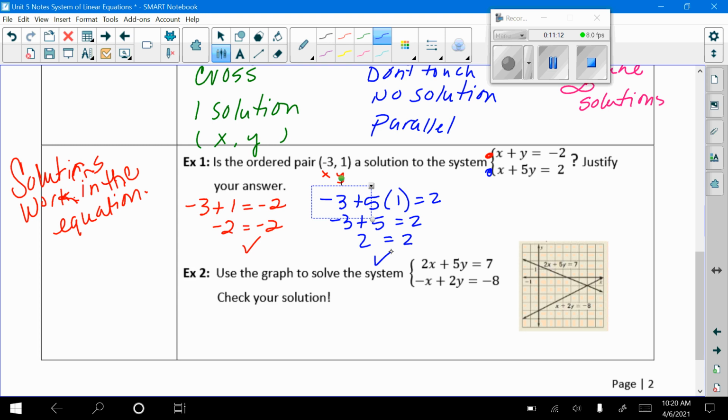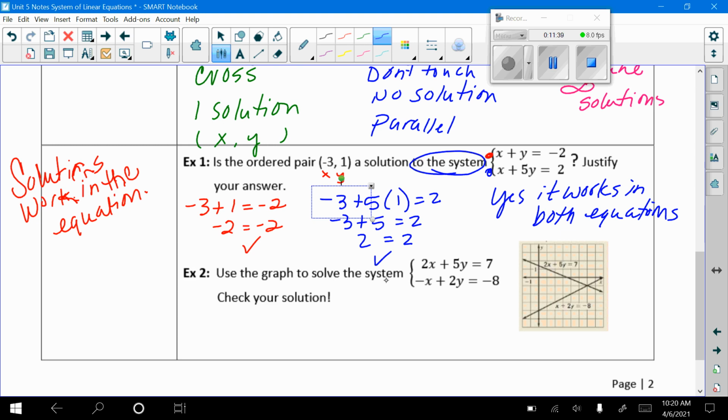So yes, it is also a solution. So if it works in the equation, it is a solution of the first one and a solution of the second one. So now it is a solution of the system. So yes, it works in both equations, so it is the solution.